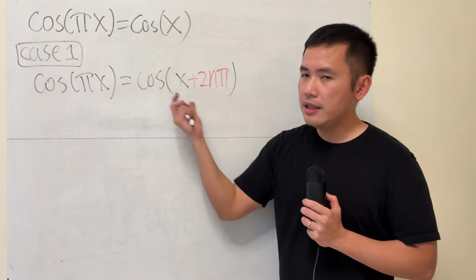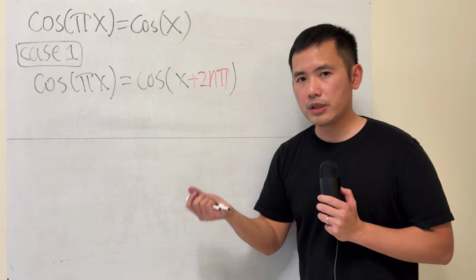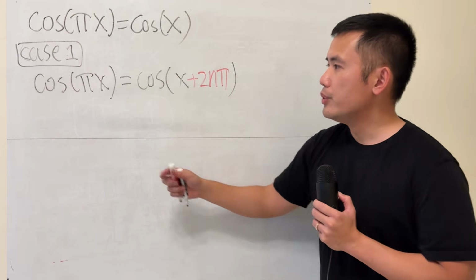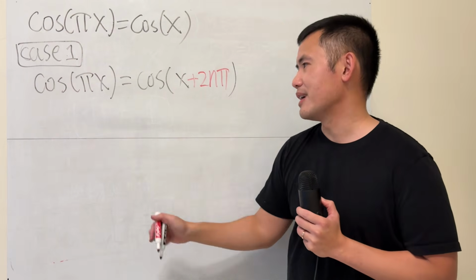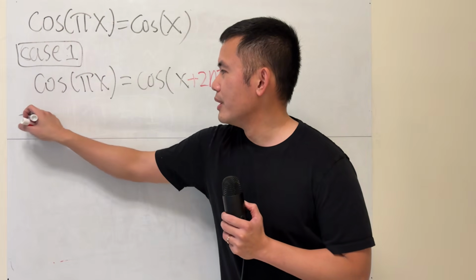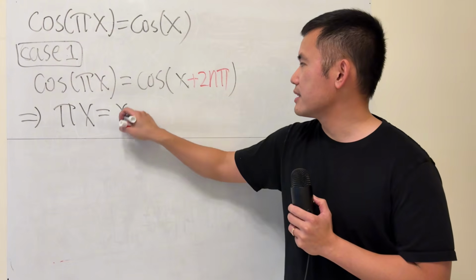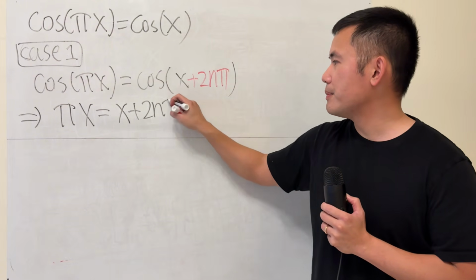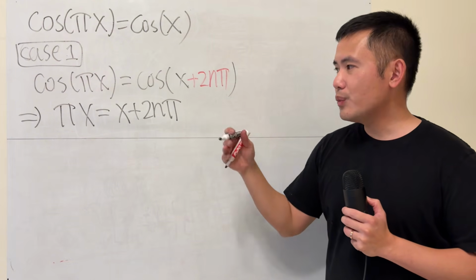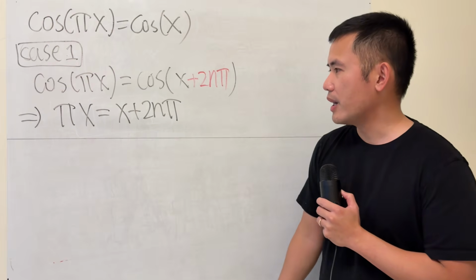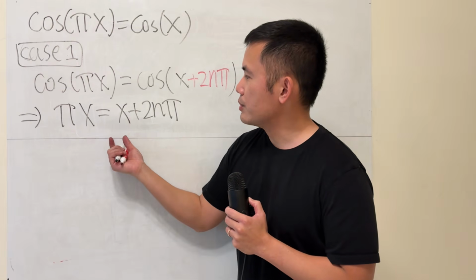So when you write this down, because you consider all the possibilities, yes, you can kind of cancel the cosine. But really, I'm just going to tell you this implies that pi x is equal to x plus 2n pi. And then once you have this, you can just solve for x the regular way. I'm going to move the x to the other side.